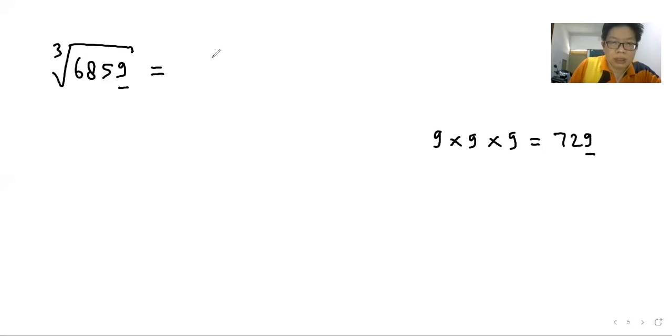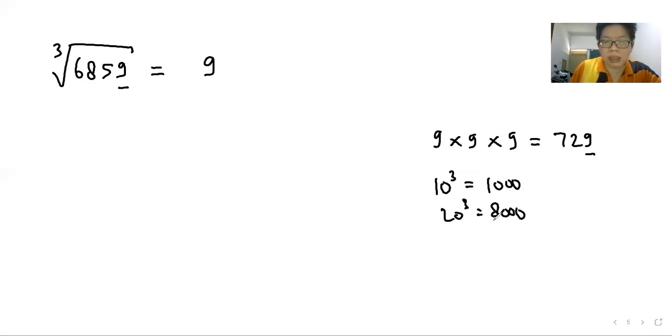Now to find the tens, follow the same logic. 10 cubed is 1000, 20 cubed is 8000. Because 6000 is less than 8000 but greater than 10 cubed, the tens digit is 1. So the cube root of 6859 is 19.